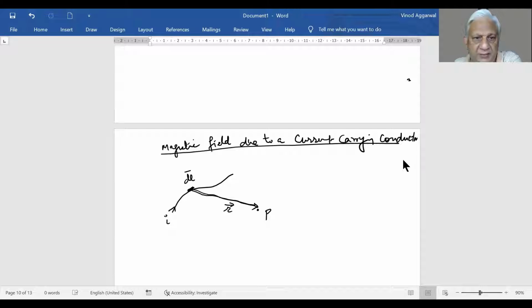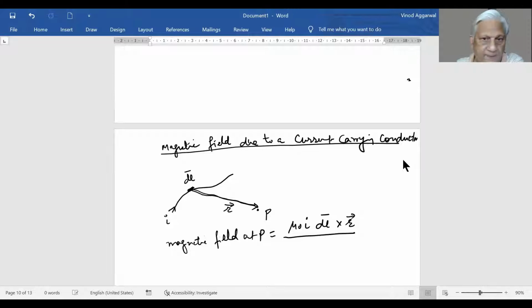Then the magnetic field at P is defined as mu naught I dl cross R divided by 4 pi R cube.